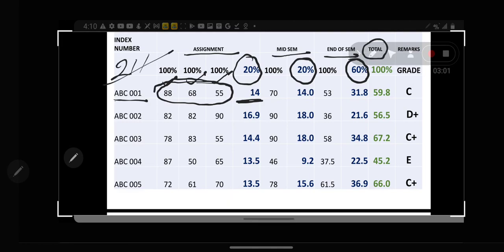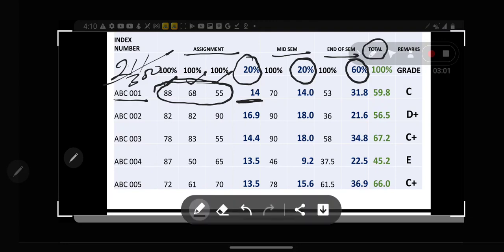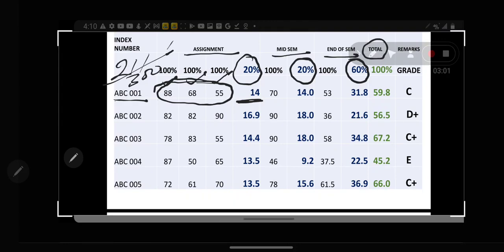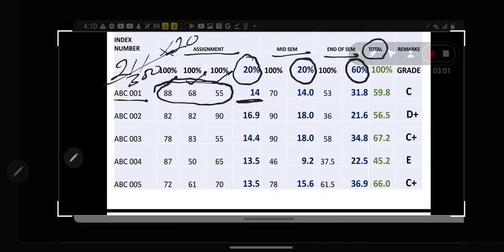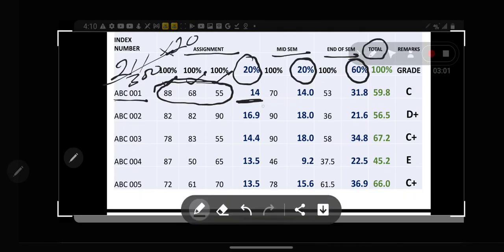So it's going to be 211 over 300 times 20, which gives you 14. If you have a calculator, you can solve that. It is over 300 because 3 quizzes were done and all were over 100, times 20 because you want it to be over 20%.